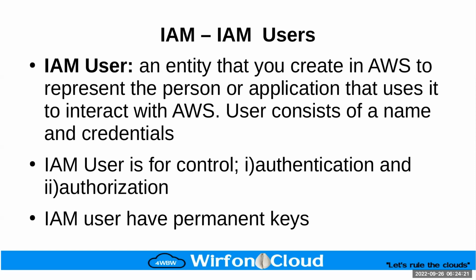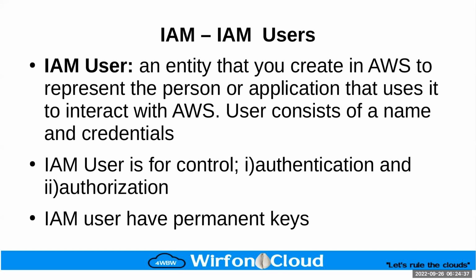So with IAM, always remember that it's two ways. Just because you have been recognized and signed in doesn't mean you now have access to everything. There's still a limitation which is given by authorization.